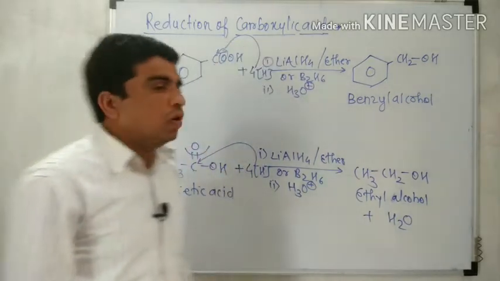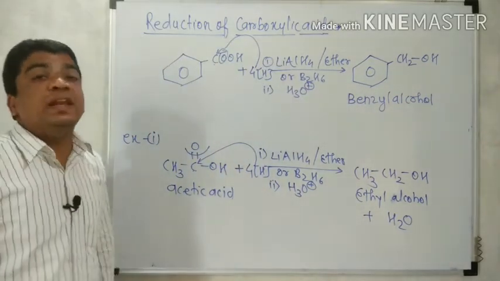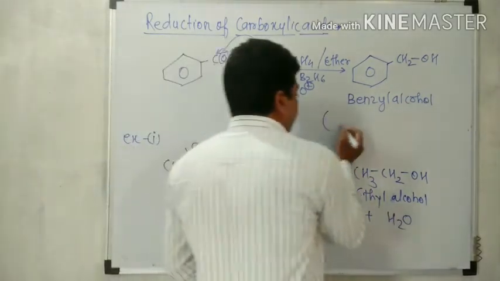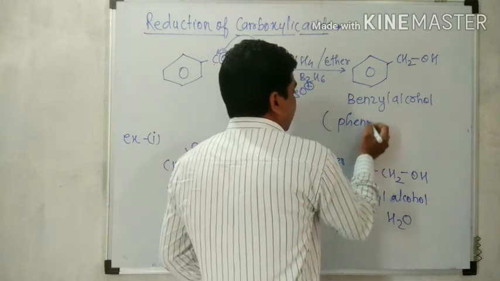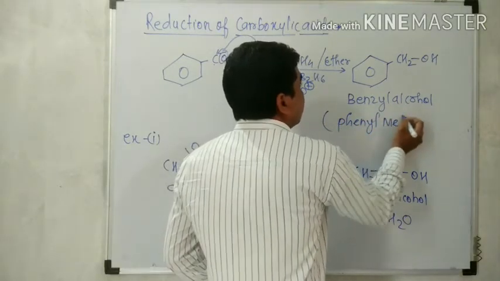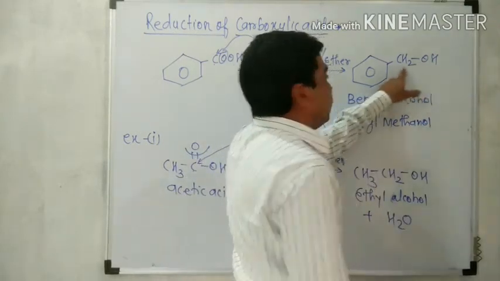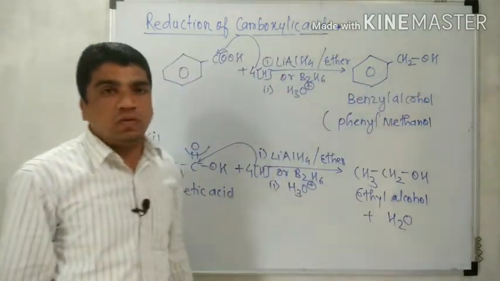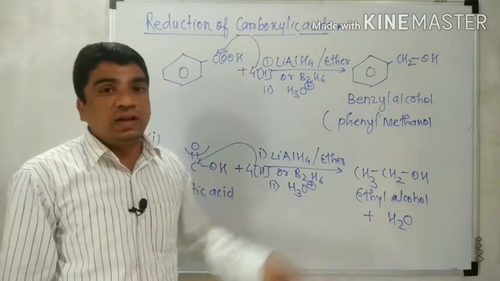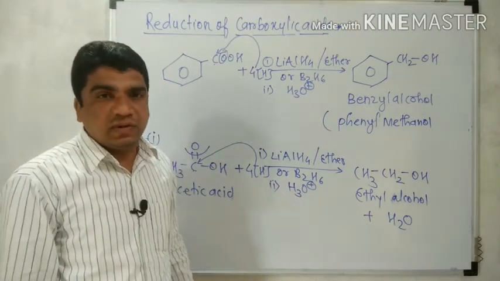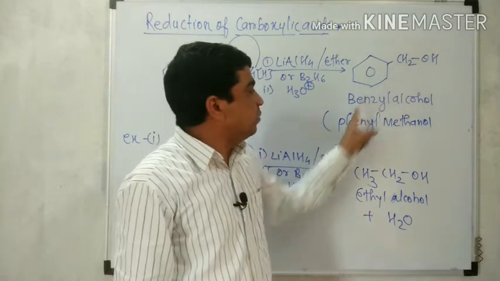Benzyl alcohol, or we know the IUPAC name is phenyl methanol. Benzyl alcohol is also called phenyl methanol because CH2OH comes from methyl alcohol, which is called methanol in the IUPAC system. So a hydrogen atom of methanol is replaced by a phenyl group.